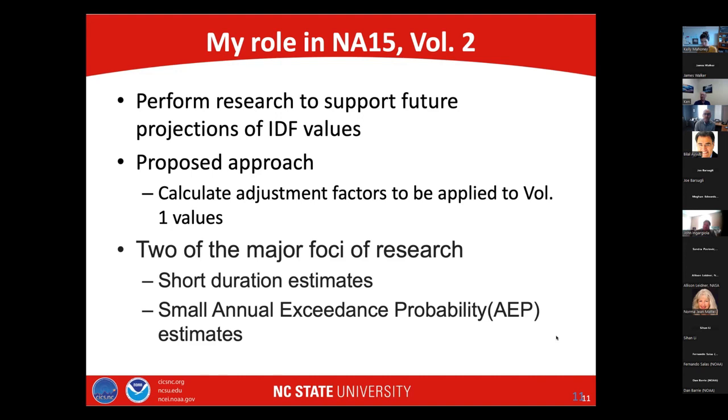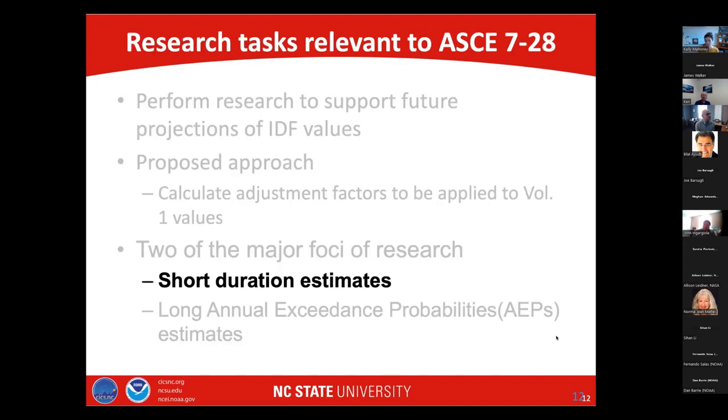Two of the foci of my research are on short duration estimates, specifically sub-daily durations, and also small annual exceedance probability estimates. So now I'd like to spend some time on particularly the short duration estimates. The 728 standard squarely falls in this area.